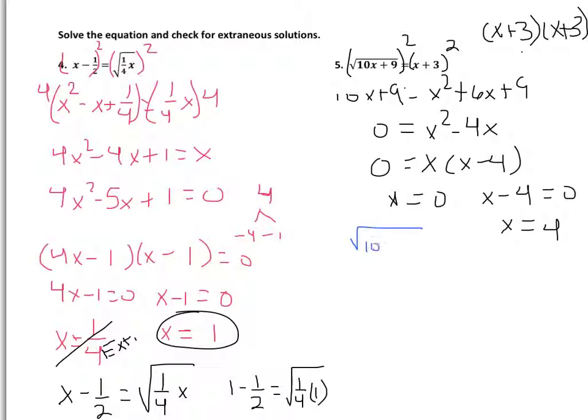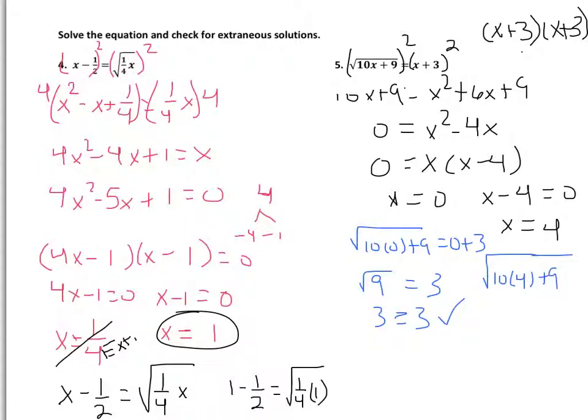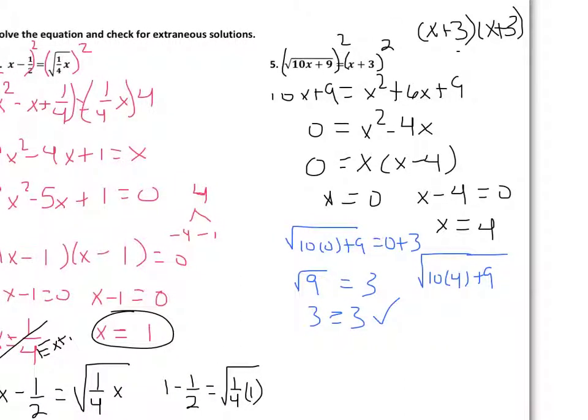Square root of 10 times 0 plus 9 equals 0 plus 3. Square root of 9 equals 3. 3 equals 3. Check. Check it for the 4. 10 times 4 plus 9 equals 4 plus 3.